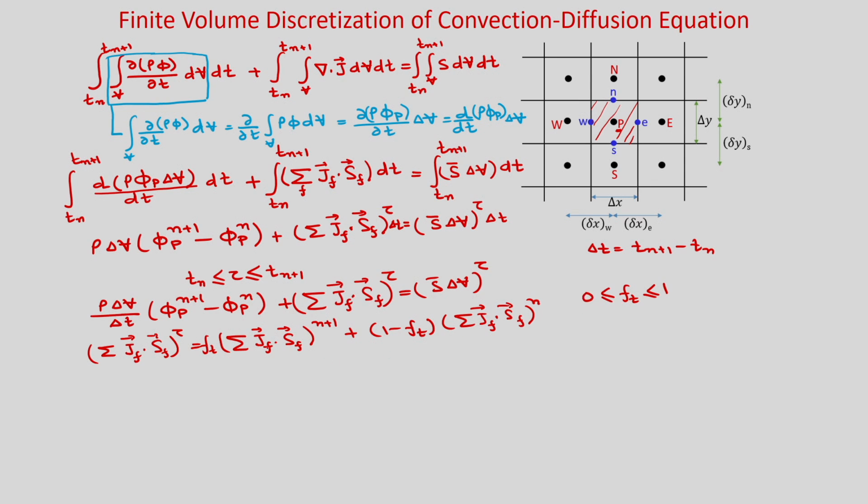So, if f t is 0, what will this scheme be? Only at one time level you will get, so you will get an explicit scheme. Similarly, the source term S bar delta V at tau you will take as f t S bar at n plus 1 delta V, plus 1 minus f t S bar n delta V. Now, let us write the flux terms.